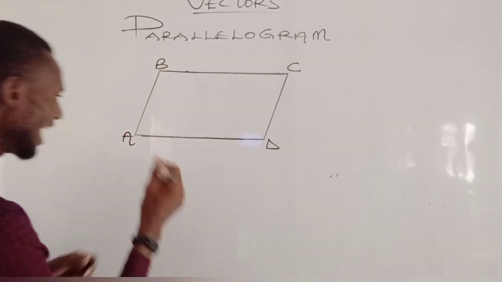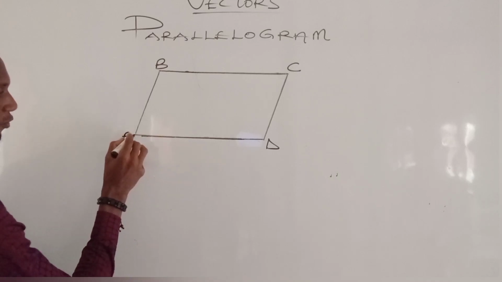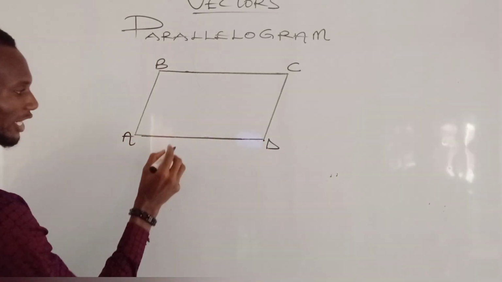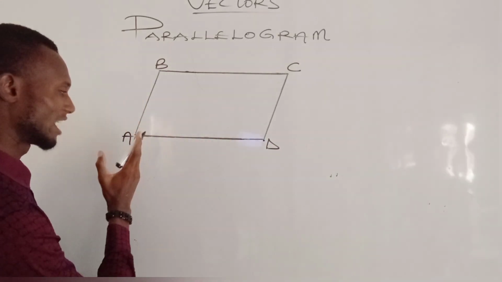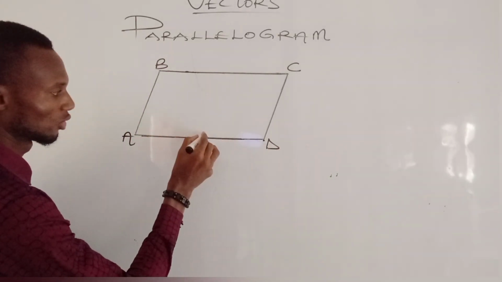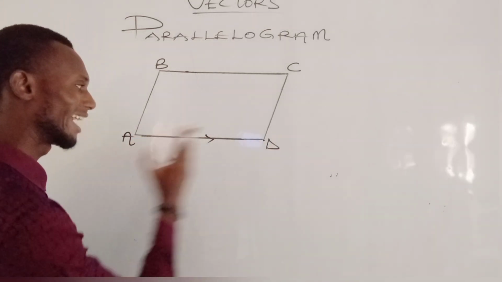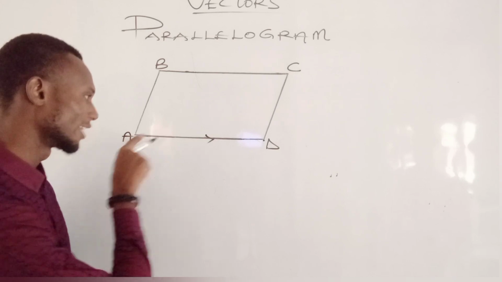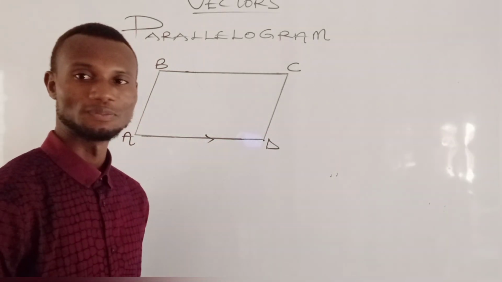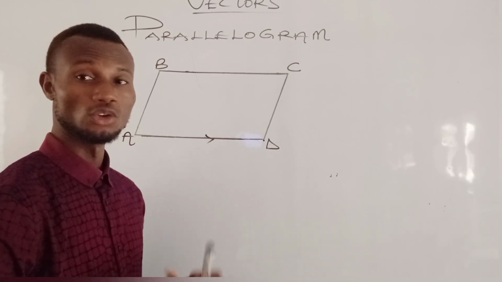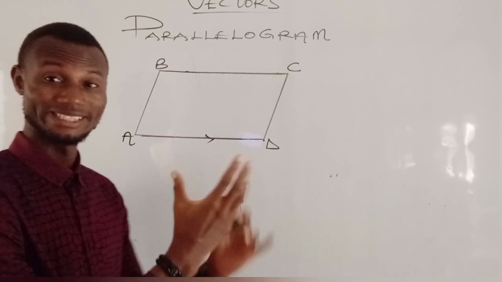Okay, so now I will start with this side and I'll say that I'm going to move from A to D. So my arrow will point towards D, and that is me having the vector AD. Someone can also choose to move from point D to A. It's the same thing.